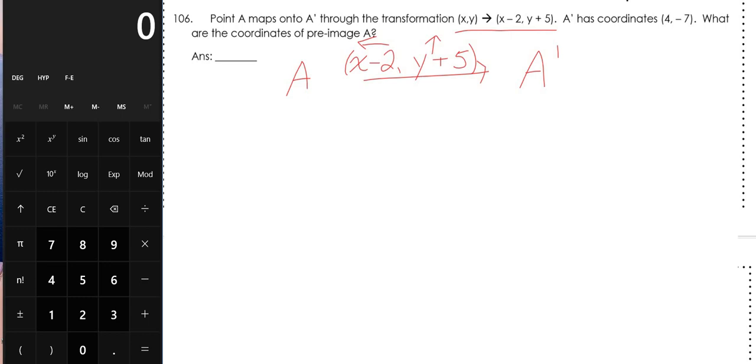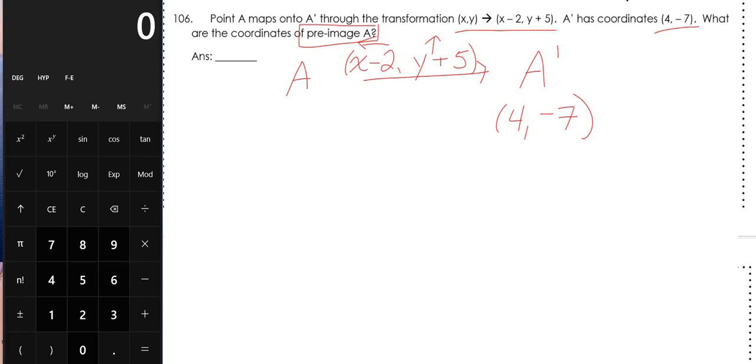They also tell us coordinates for A prime, 4, -7. What they want are the coordinates of your pre-image A. Okay, so they want you to work backwards. They want you to think about, well, what is A if you subtract 2 from x, add 5 to y, and get 4, -7?